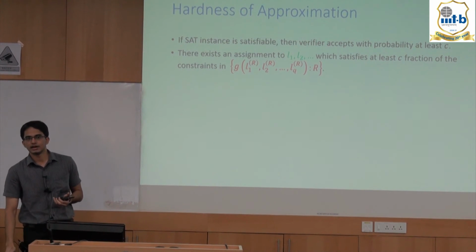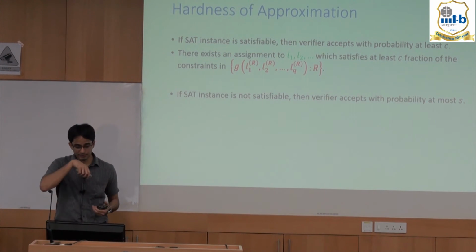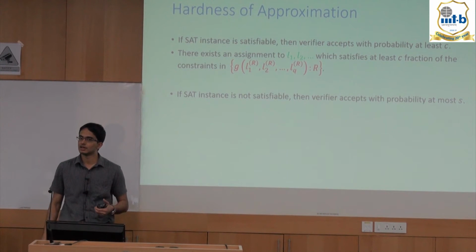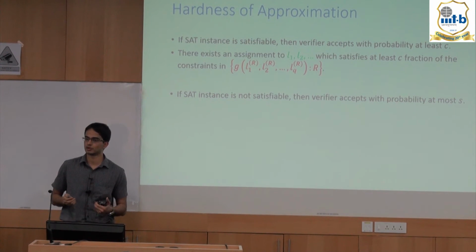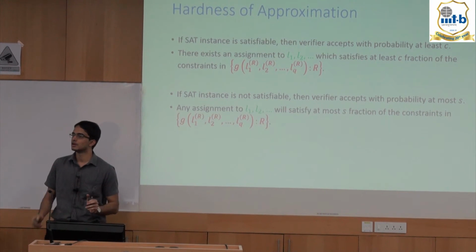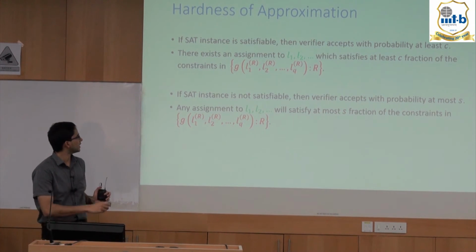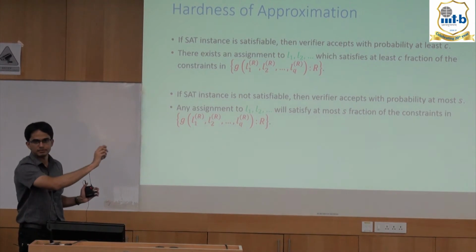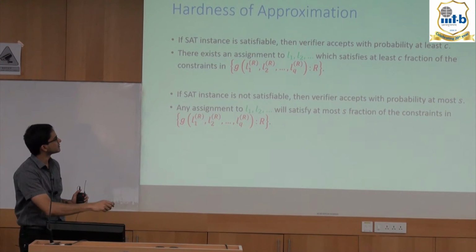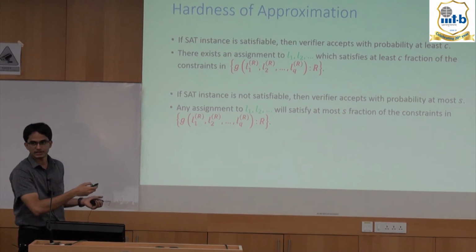Likewise, if the SAT instance is not satisfiable, then the verifier accepts with probability at most S, no matter what proof the prover gives. So any assignment to L1, L2, L3, L poly n will satisfy at most S fraction of these constraints.